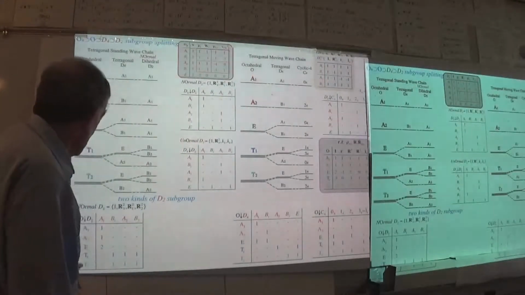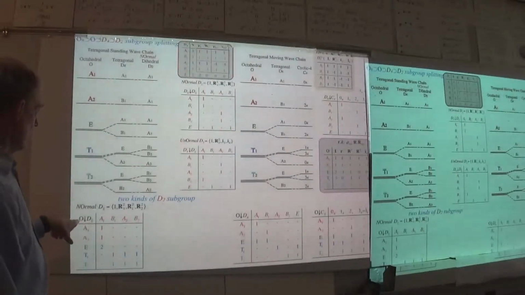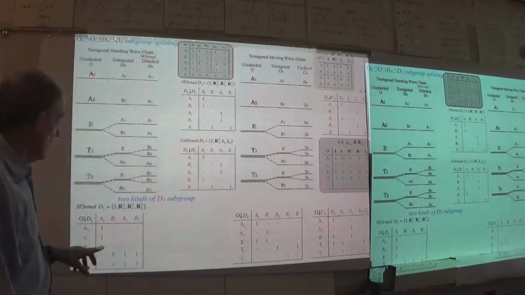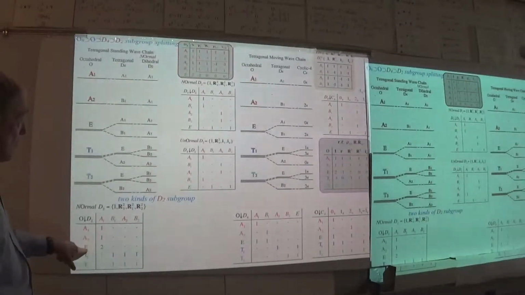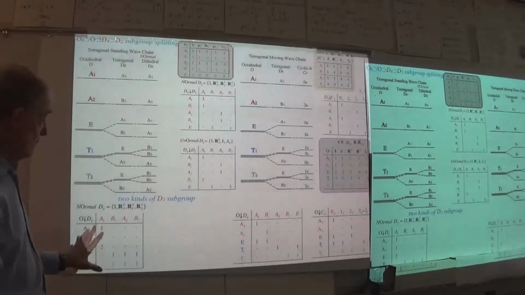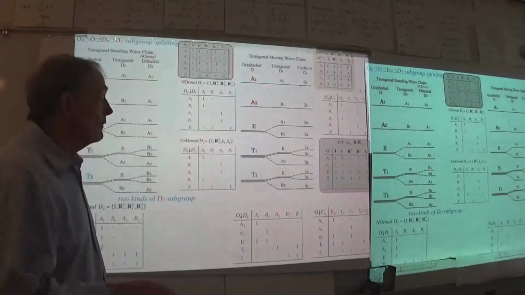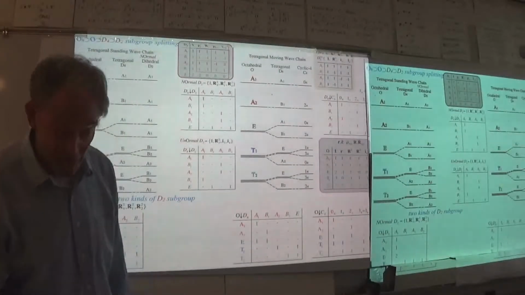And the correlation table here with this very normal subgroup, this one right here, has an ambiguity. That is, it's not just one representation there. Something more has to be done. Whenever you get a 2 in one of these correlation tables, you have more work to do, some more splitting to do in order to label everything.